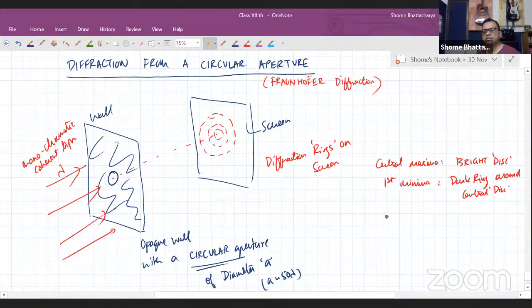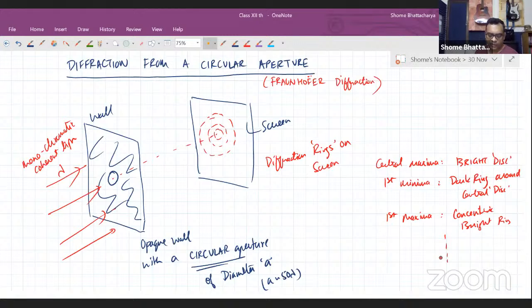Okay. Then the first maxima is a concentric bright ring, and so on and so forth. Okay. So this is the diffraction pattern. Okay, so just make a quick note of that if you like.